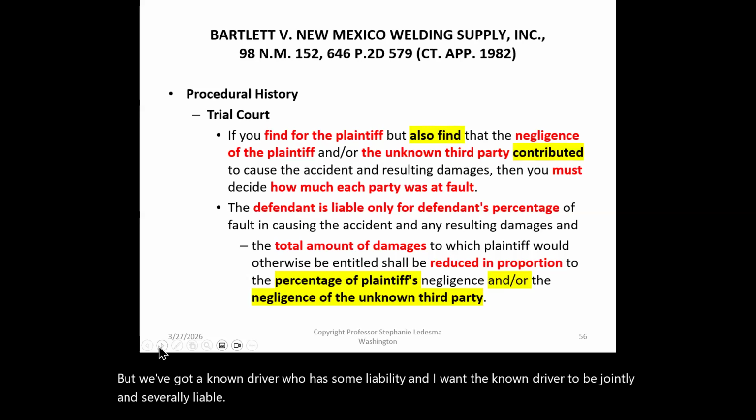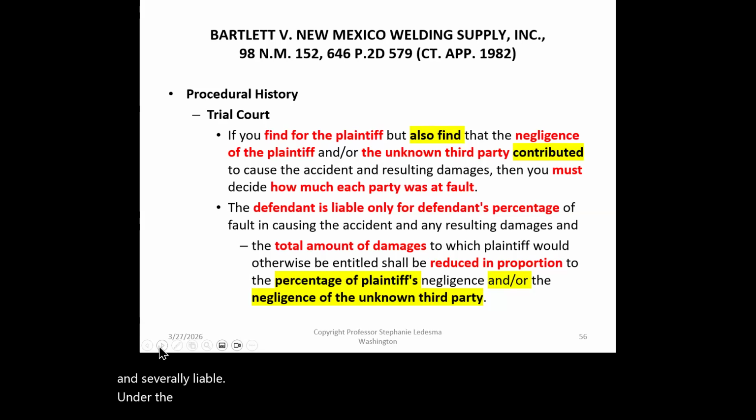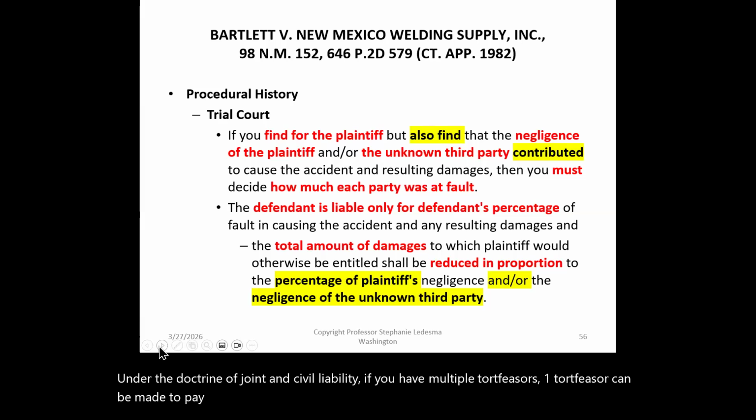Under the doctrine of joint and several liability, if you have multiple tortfeasors, one tortfeasor can be made to pay the entire judgment for the multiple tortfeasors because the goal is to make the plaintiff whole.